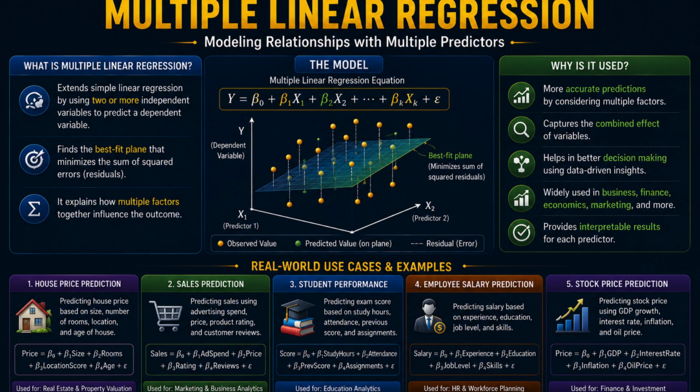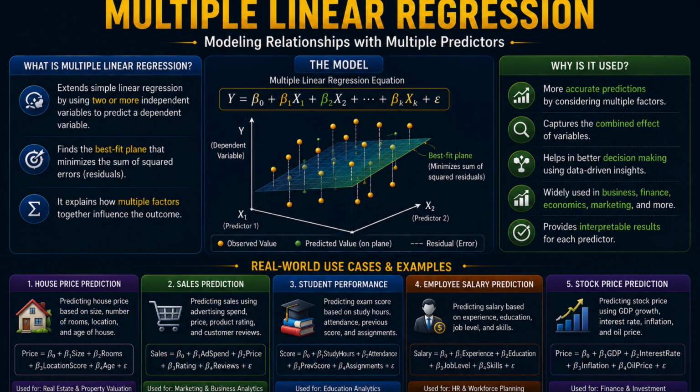This is where multiple linear regression comes into the picture. Multiple linear regression is simply an extension of linear regression where we use two or more independent variables to predict a single dependent variable. Instead of relying on only one factor, the model considers all the important variables together, giving us a much more realistic and accurate prediction.